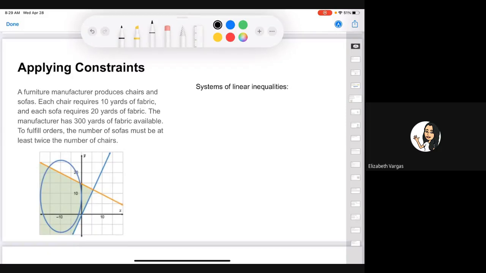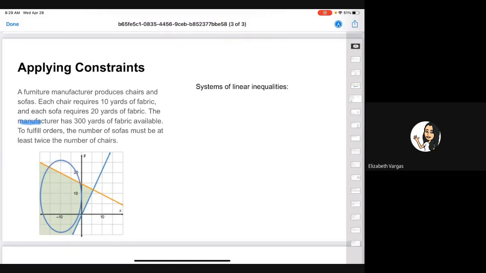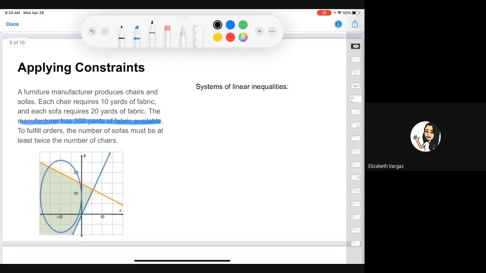Okay, so here again is that problem, and here's me actually graphing it. According to the problem, we get a variety of equations to work with. The main one is that the manufacturer has 300 yards of fabric. We know it takes 10 yards of fabric for each chair and 20 yards of fabric for each sofa.